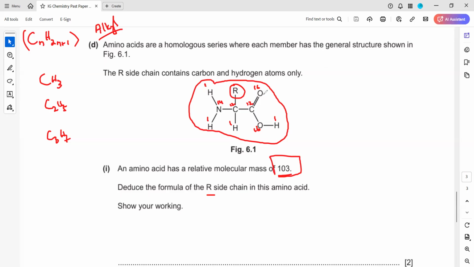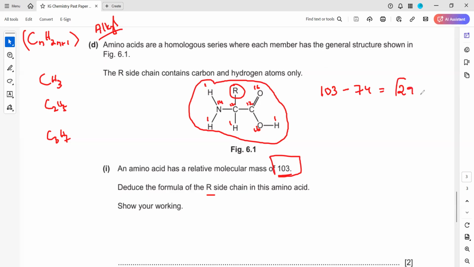This is pop quiz 10, Part D. So 1 plus 14 plus 1... 74. So the total mass is 103. If I subtract from 103, the known atoms are 74. 103 minus 74, what's the answer? 29.